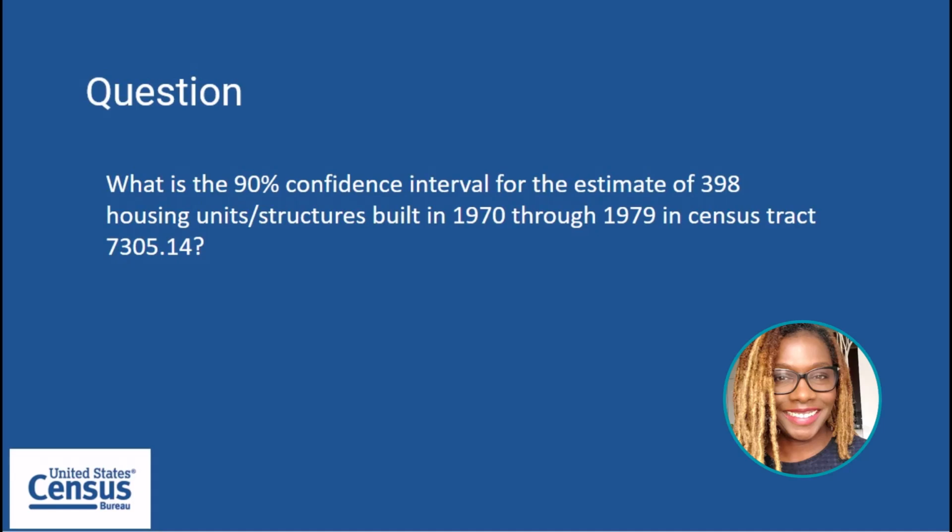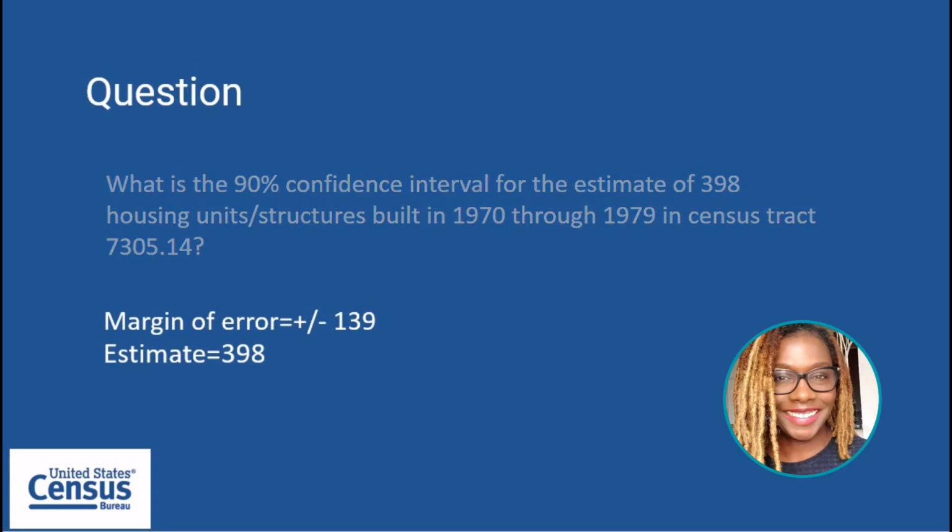7305.14? As explained in Module 4, the margin of error, or MOE, combined with the ACS estimate, gives users a range of values within which the actual real-world value is likely to fall.